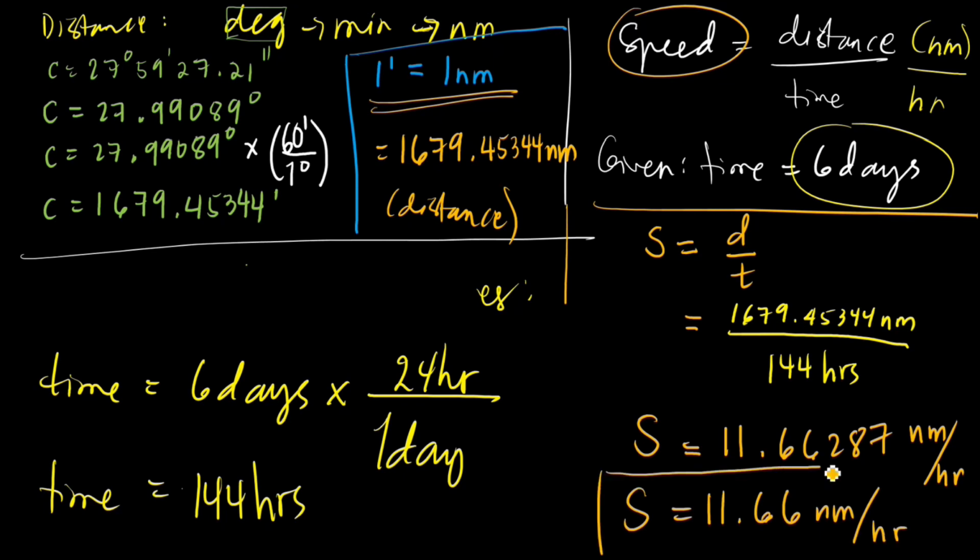So this is the answer. So the speed of the ship from A to the point on the equator, in 6 days, is 11.66 nautical miles per hour. Okay? And so that's it for the application of spherical trigonometry considering the terrestrial triangle.